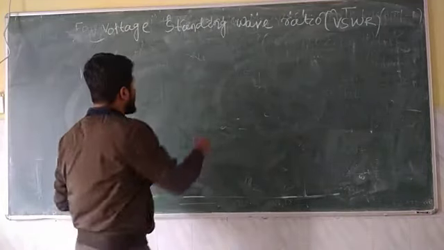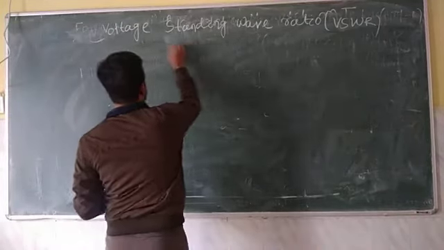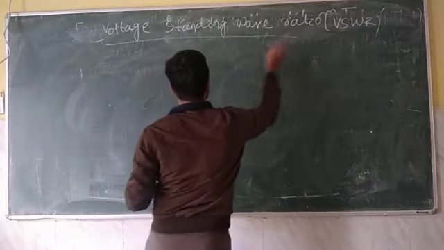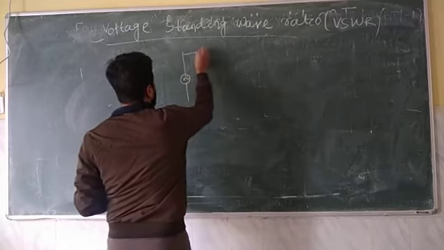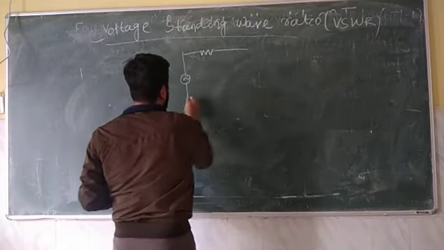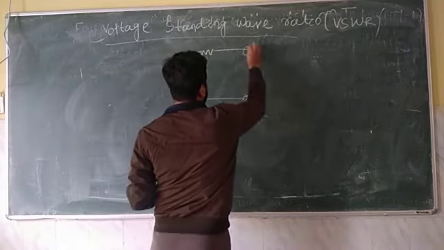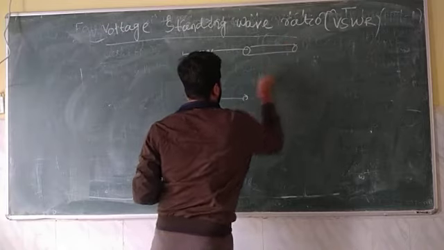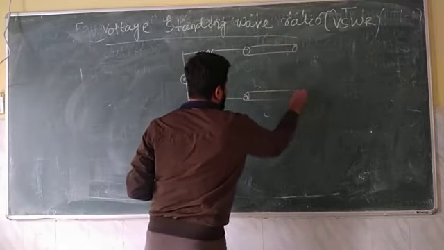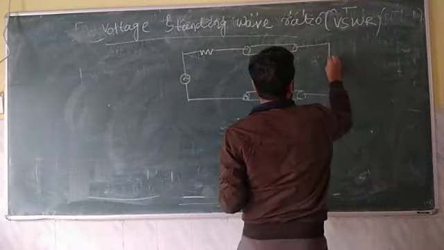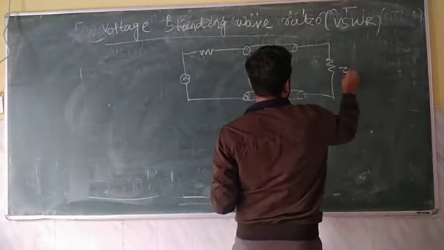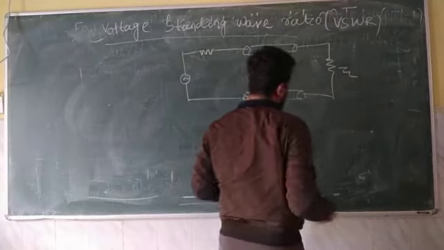So how to find this standing wave? Suppose you have your transmission line and this is your load ZL and this is your characteristic impedance.